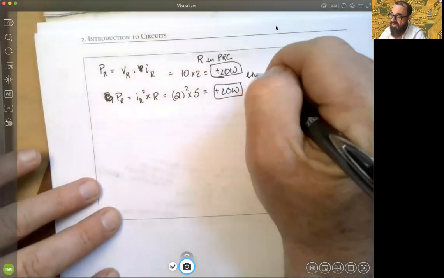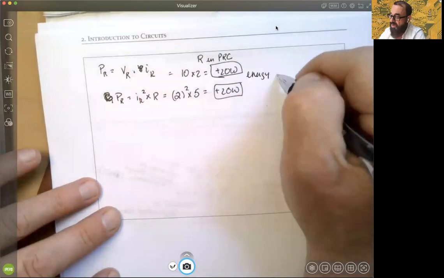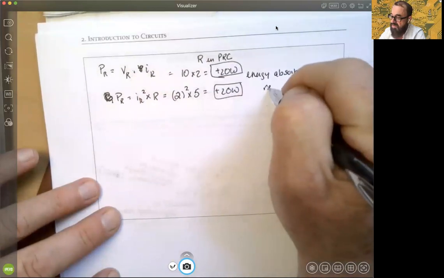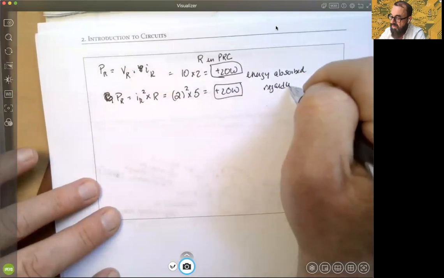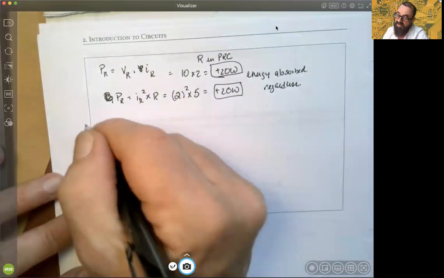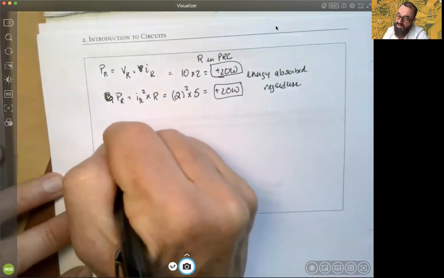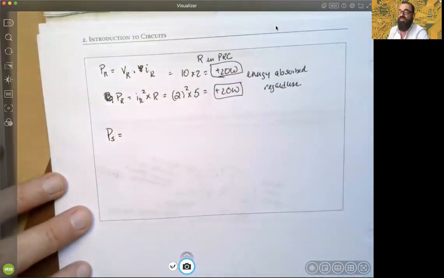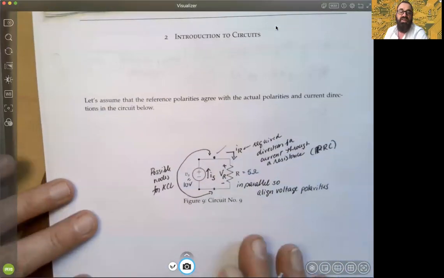We'll just say energy is absorbed regardless, okay? Either way. And then finally, if we do the power for the source, the voltage source, okay? Now, just quickly, flip back over for a second.